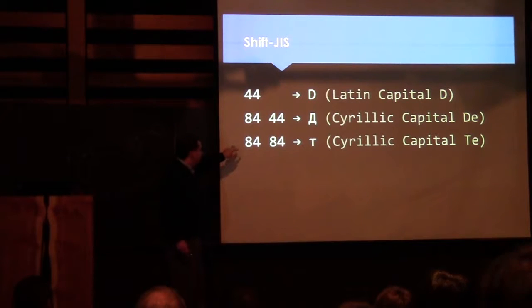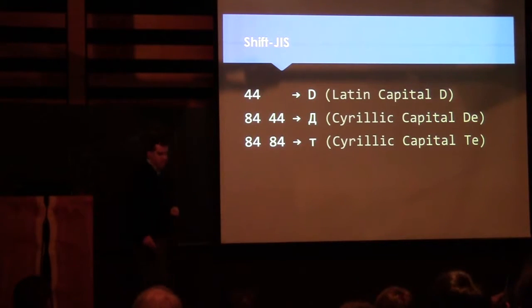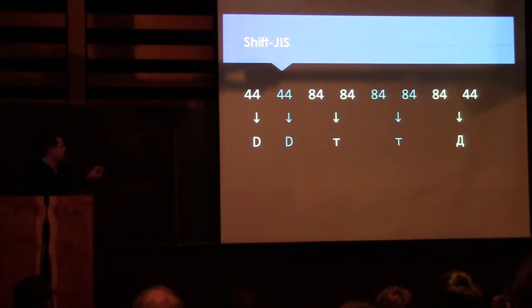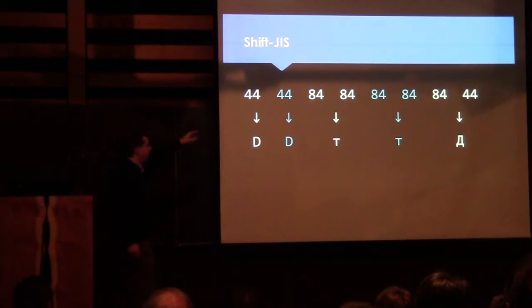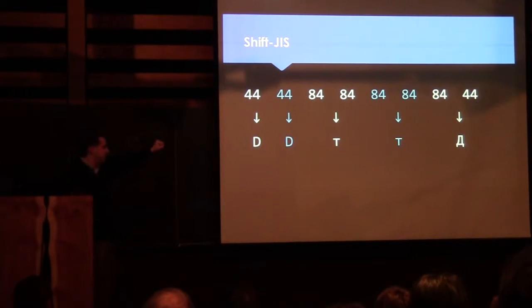And to represent this other Cyrillic letter, it'll start with an 84, and then the next byte will also be an 84. So when you're decoding a sequence, we come across a 44 and we map it to D, and then we come across another 44 and we map it to D. We come across an 84, we know that that's a lead byte, so we combine it with the next character to form the next code point.